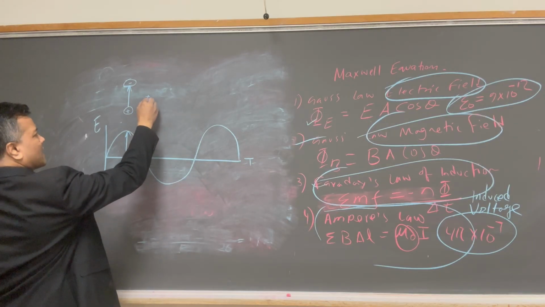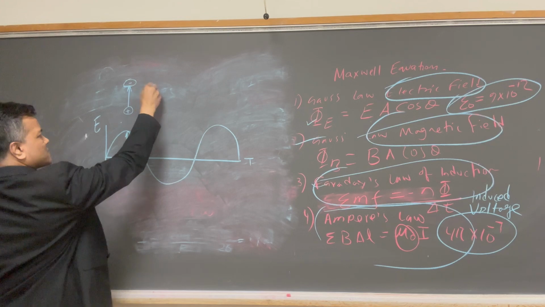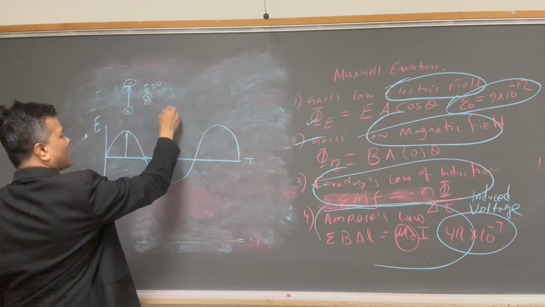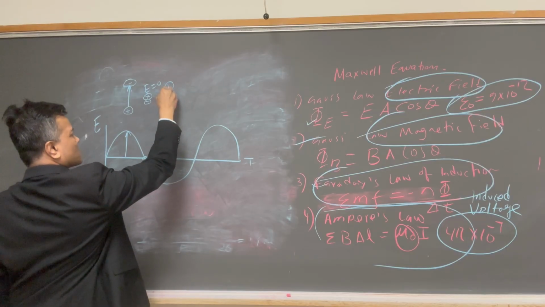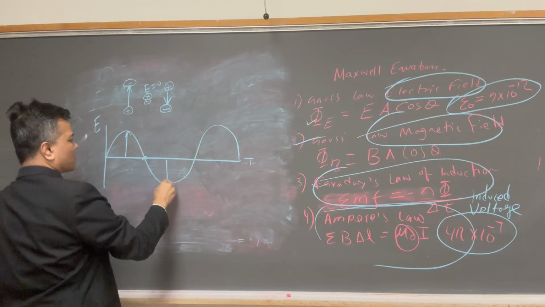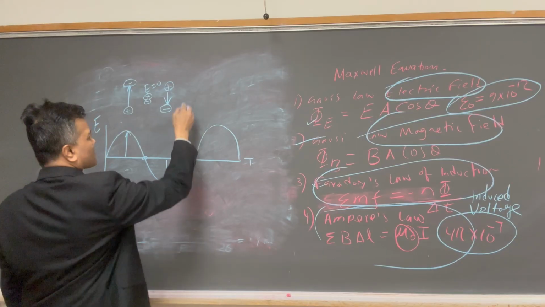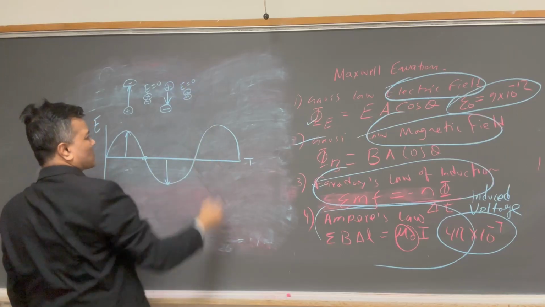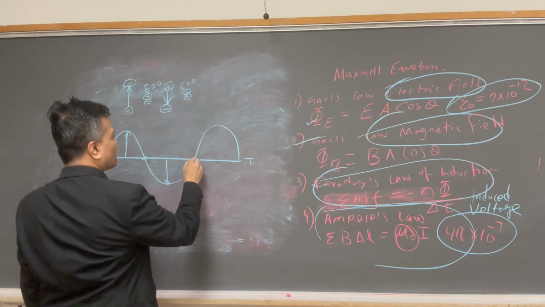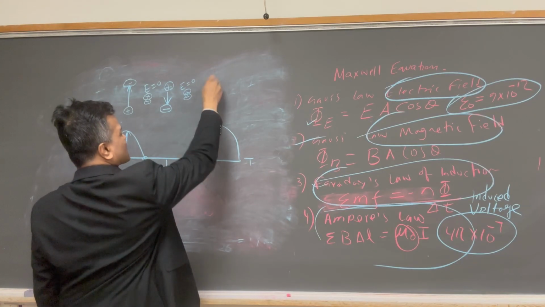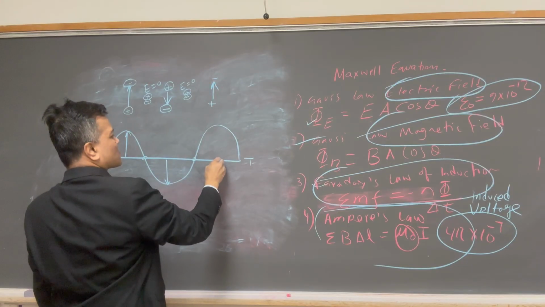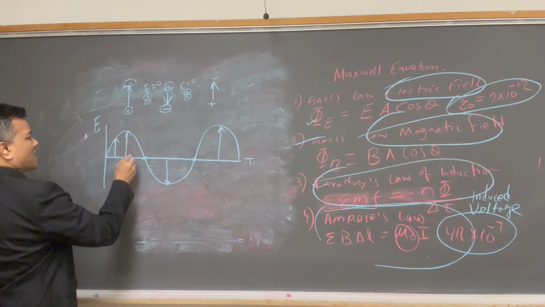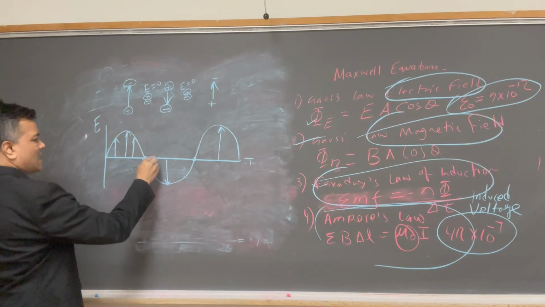So positive and negative, height is zero, so field is zero. Over here, negative, positive, so field is down. Over here, positive, negative, height is the same, so field is zero. Over here, positive, negative. All right, so now you know why the electric field is up or down.